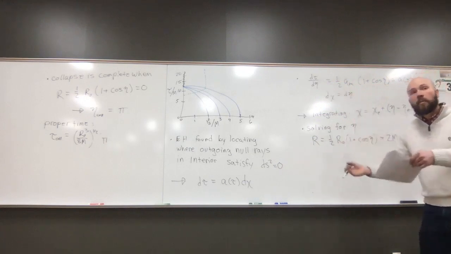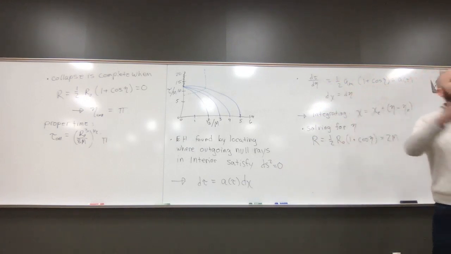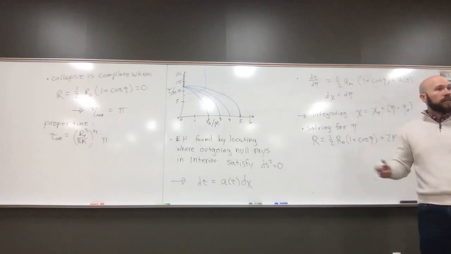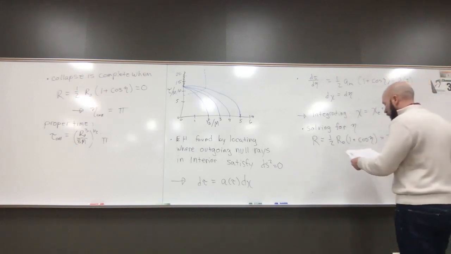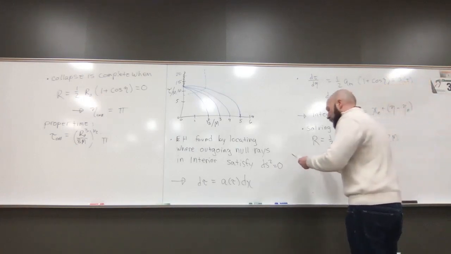And then I go back in time and say, how long would it take a null ray to, it's basically reversing the time direction, and saying go back in time to when that null ray was emitted. Okay?